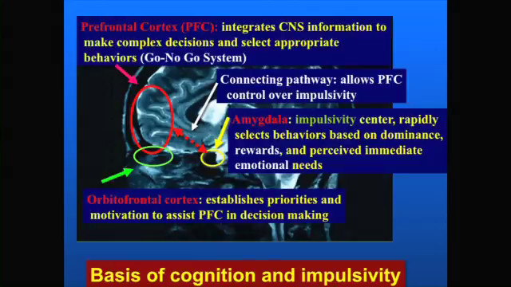Prefrontal cortex, what does that do for a living? It's what we call the go, no-go system. It's really the center of decision making. This is where information is downloaded and processed when we try to make decisions about how to respond to what's going on in our environment. And if you think about it, decision making has two pieces to it.